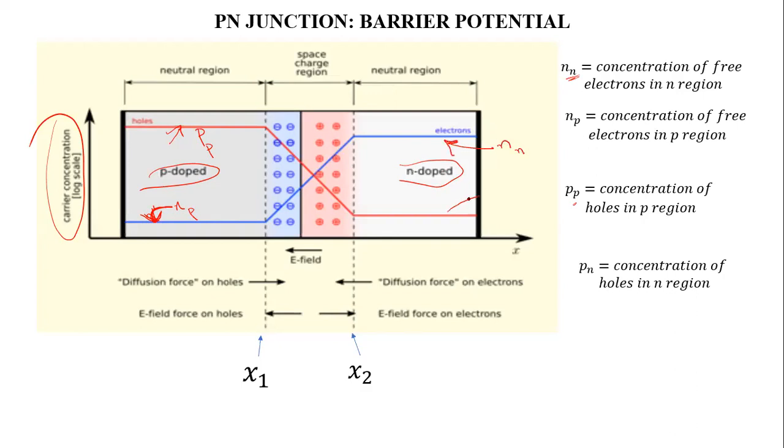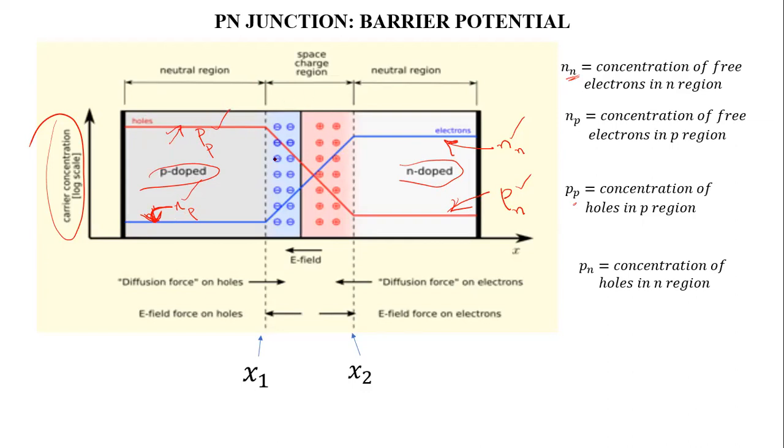Concentration of holes on the n side is known as pn. So nn is the majority charge carrier here, pn is the minority charge carrier in the n region. However, in the p region, pp, the concentration of holes, is much greater than the concentration of free electrons on the p side. So pp is the majority here, np is the minority here in the p-doped semiconductor.